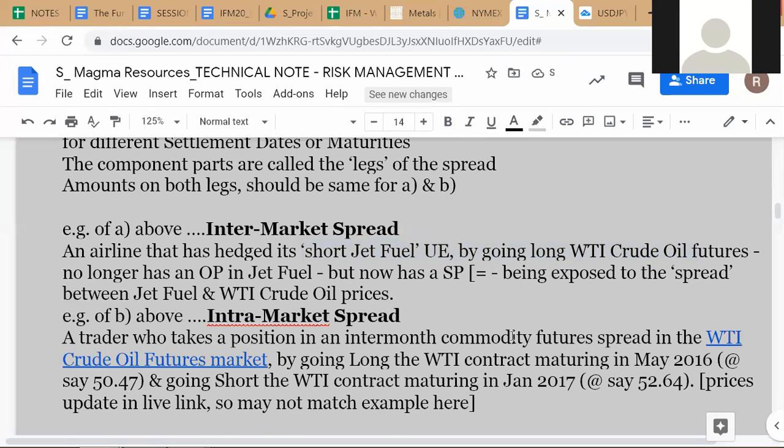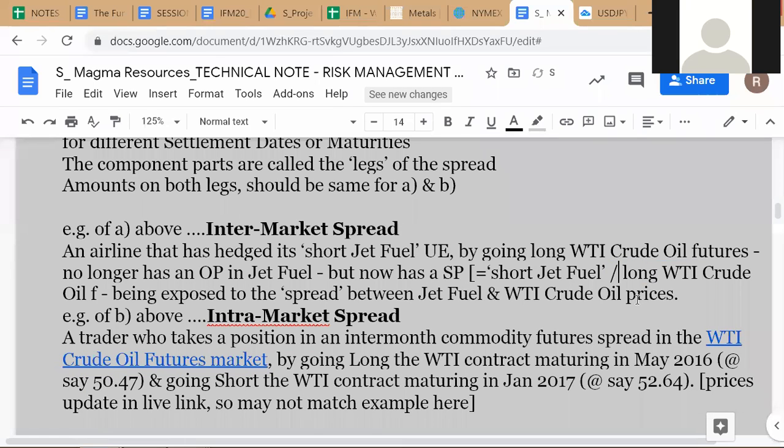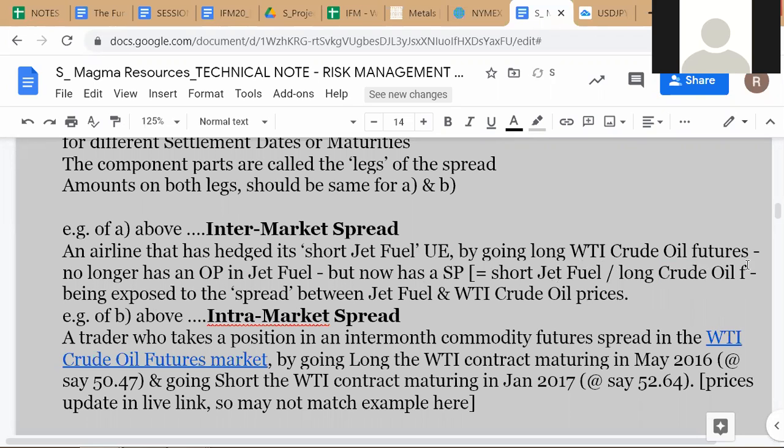Let's write it. What is the spread position? Short jet fuel, and the spread position is now they have long crude oil.